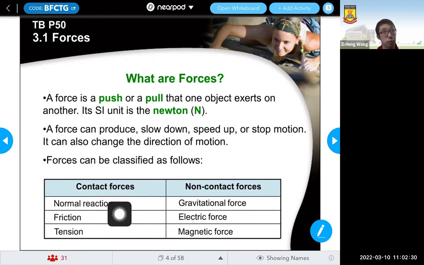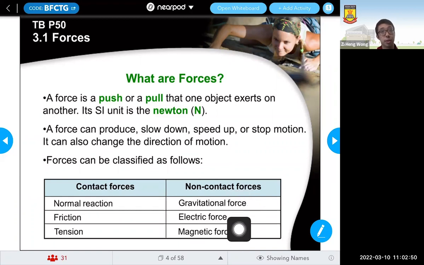Contact forces, like your normal reaction force, friction, and tension, need objects to be touching each other in order to act. Whereas non-contact forces, for example gravitational force, electric force, and magnetic force, can still act even if you are not in contact.